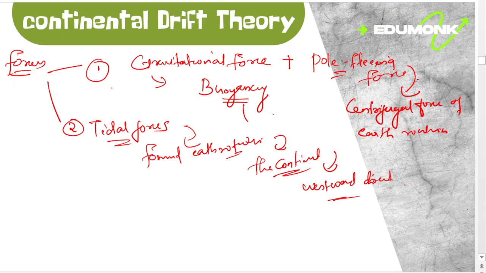This was proposed by Alfred Wegener. He proposed this theory in 1912, and these are the forces which caused the continents to drift on the ocean bed. Then he also proposed some evidences for the movement of these continents.